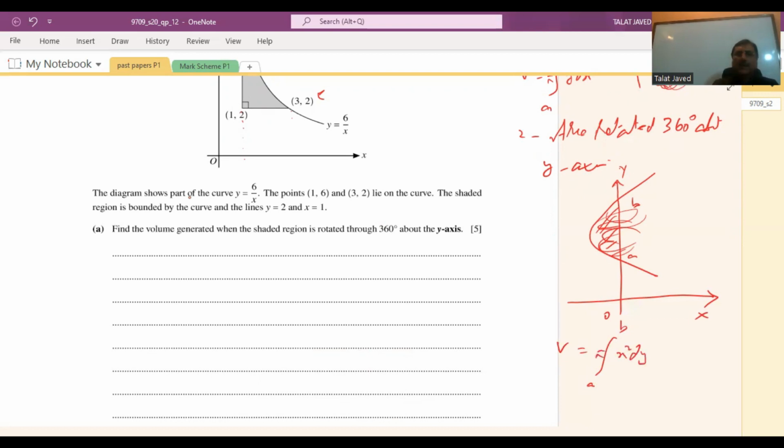This will be the formula to find the volume when the area is rotated 360 degrees about the y-axis.